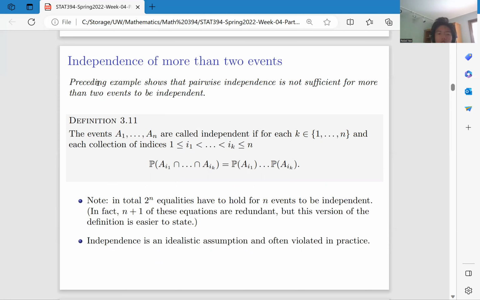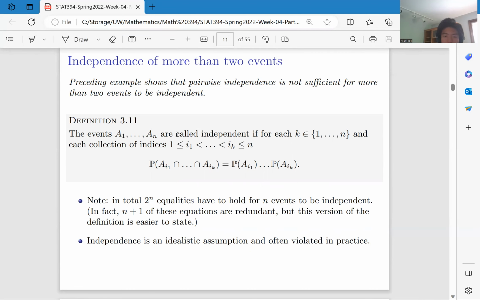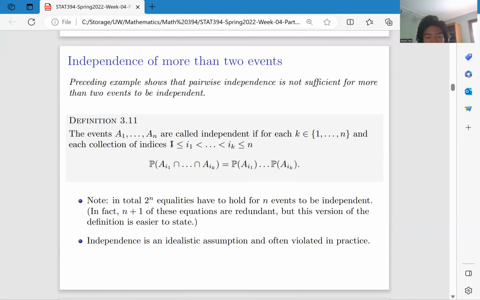The events A1, A2, A3 to An are called independent if for each k in the natural number set 1 to n, and each collection of indices 1 ≤ i1 < i2 < ... < ik ≤ n, we need to prove that the probability of the intersection of these terms is equal to the multiplication of each single event's probability.